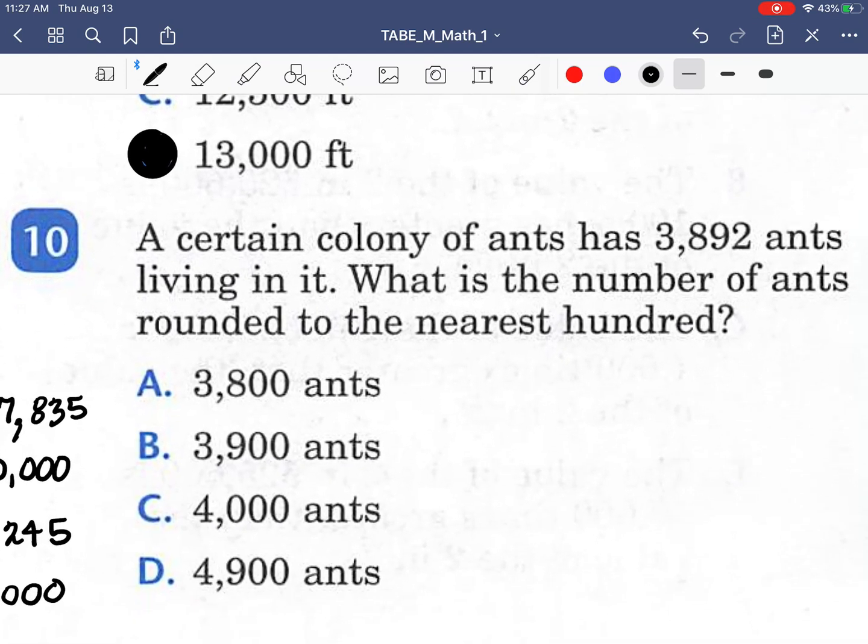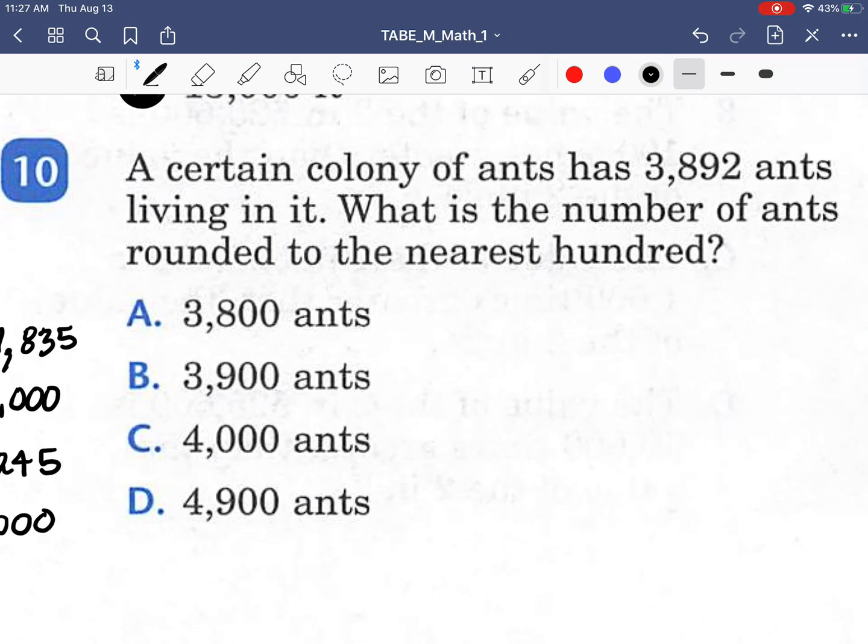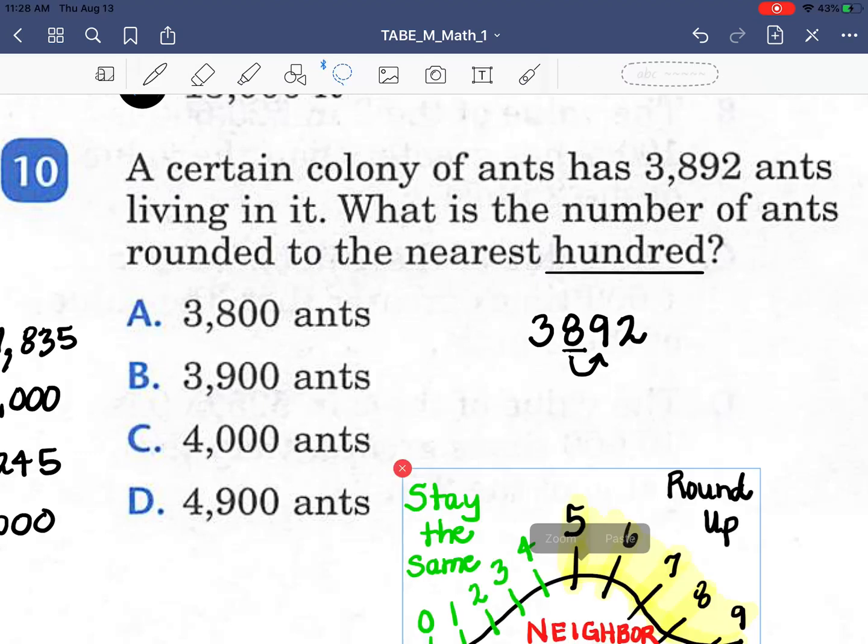Number 10. A certain colony of ants had 3,892 ants living in it. What is the number of ants rounded to the nearest 100? So you take your number, you find your point of reference, and you underline that. Look at your neighbor and apply the rule.